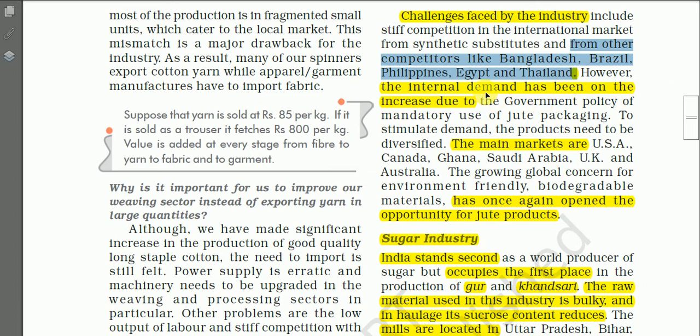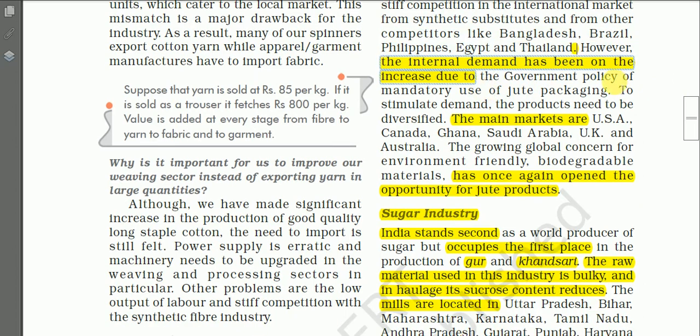However, the internal demand, demand inside India, has been on the increase due to the government policy of mandatory, that is compulsory, use of jute packaging, these jute bags.